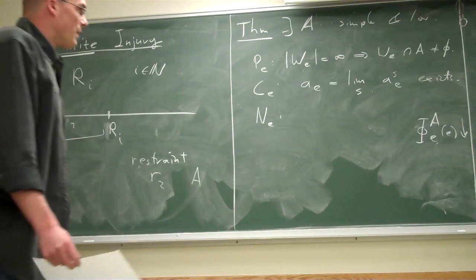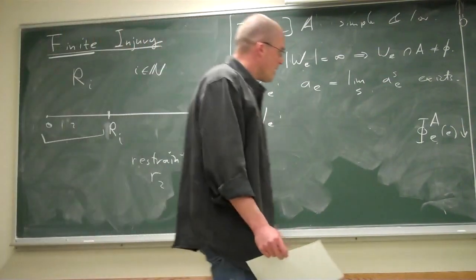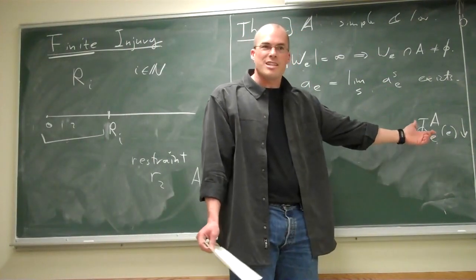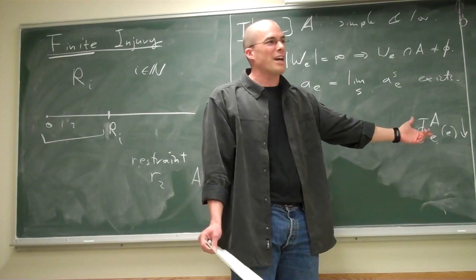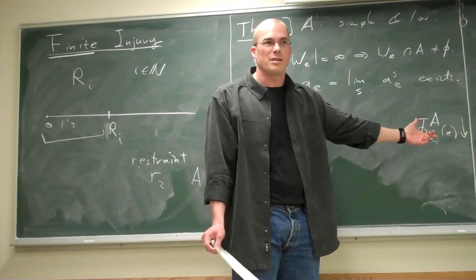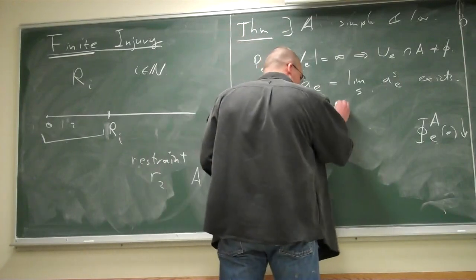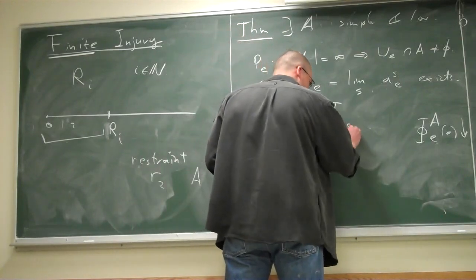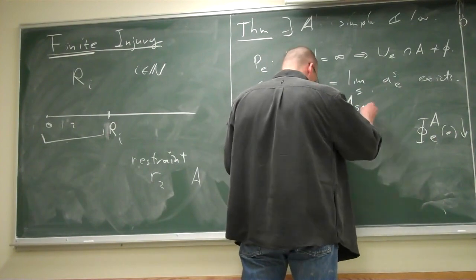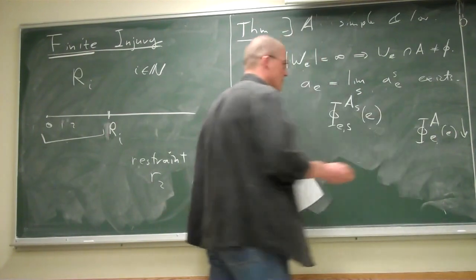for lowness. Now, of course, this is not something you're likely to have access to at any point in the construction. But what you do have access to are the sort of the approximations to it. Right?